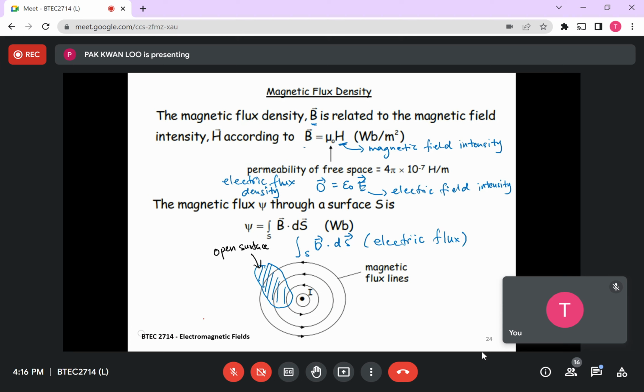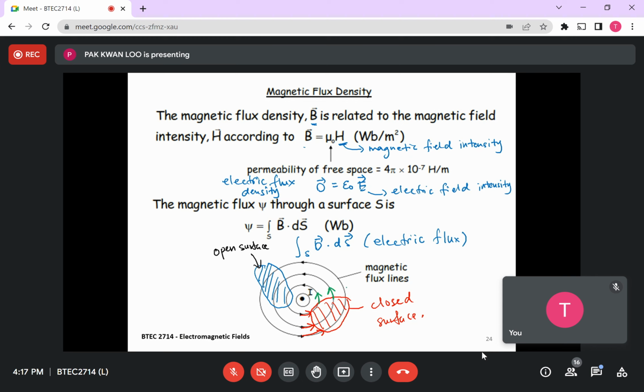But if we define a closed surface like this, whatever magnetic field passes through the closed surface, you can see this is going into the closed surface, and here it comes out from the closed surface.